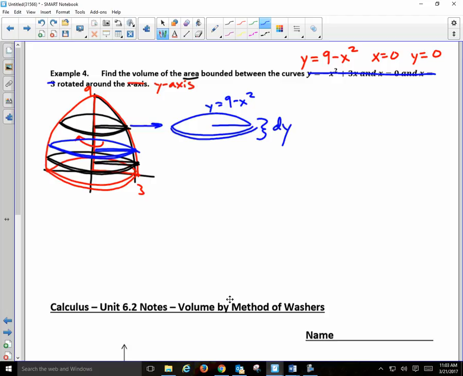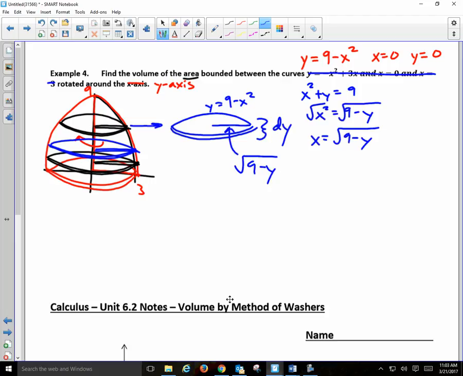If I add the x squared, I get x squared plus y is equal to 9, or x squared is equal to 9 minus y, and square root both sides. x is the root of 9 minus y. So therefore, this is my radius.